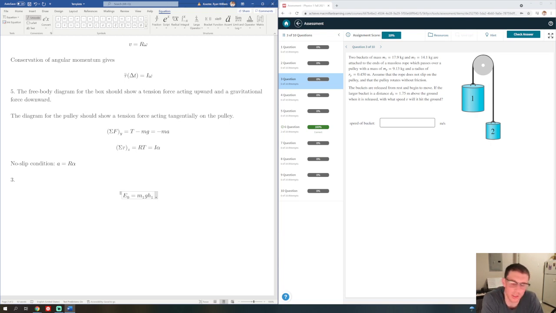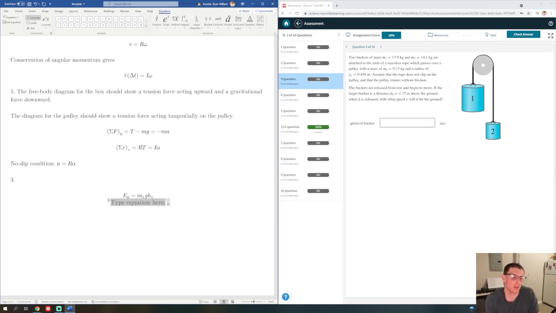I'm calling it H1, but for me, it's the 1.75 meters. They are kind of defining it for you, so that's fine. But notice that just because you're given a height doesn't necessarily mean that you have to choose your y = 0 based on that, right? But usually it would be fine.